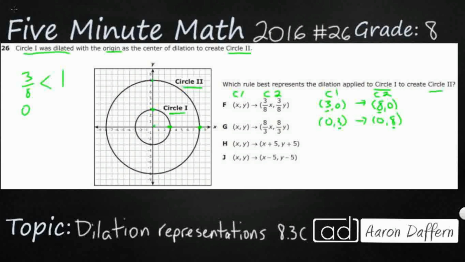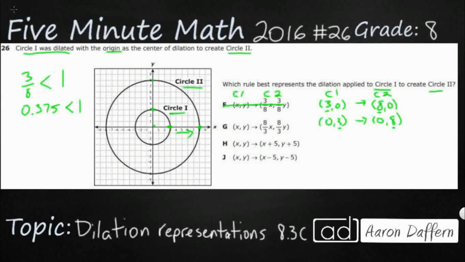That's .375. So when you're multiplying by something that's less than 1, you're going to make it smaller. Circle 1 actually grew larger to become circle 2. So this one is not going to work because that's making it smaller.